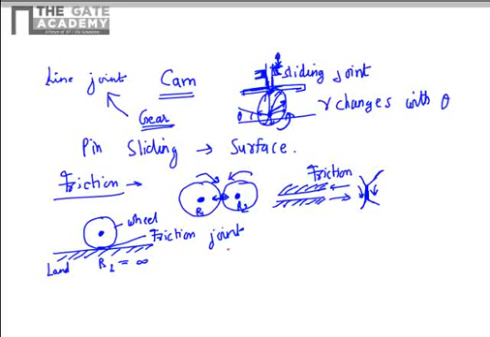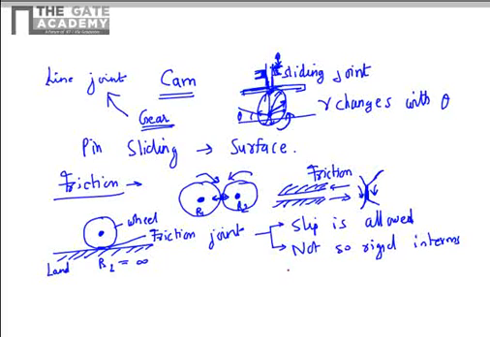This friction joint is not so rigid in terms of relative motion between the components. In friction joint, the slip is allowed. So it is not so rigid in terms of constraining the motion.